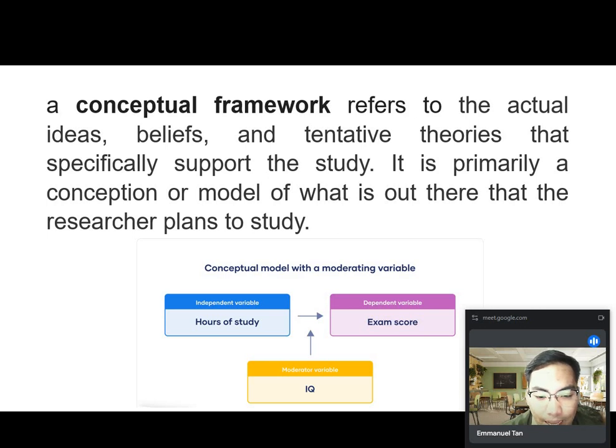And as you can see, the box below, the moderator variable, which is the IQ, goes up, intervening between the independent variable and the dependent variable. It directly points to the arrow above. We'll modify that part by part later on. Again, always remember that the conceptual framework is the visual representation of your research process.